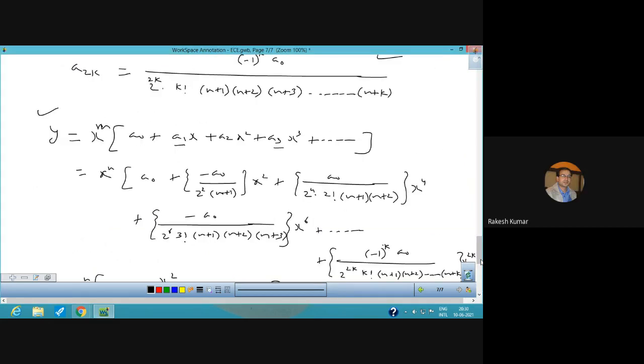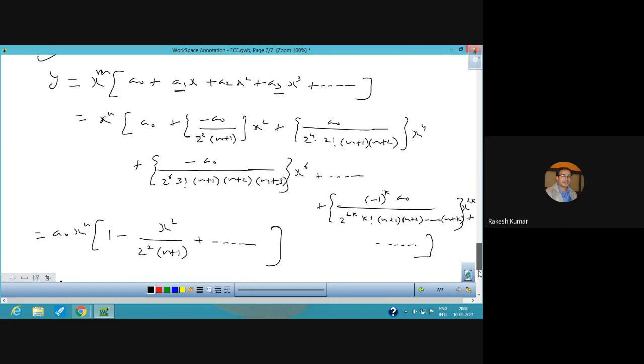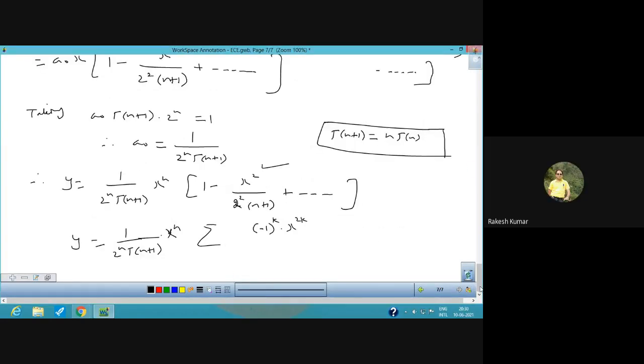This bracket term can be written in general form, divided by this complete term. So this is divided by 2 raised to power 2k, k factorial, n plus 1, n plus 2 and so on up to n plus k. And k varies from 0 to infinity.